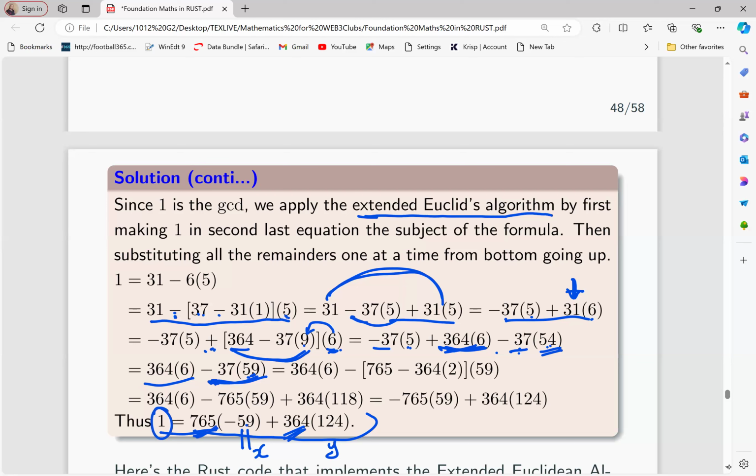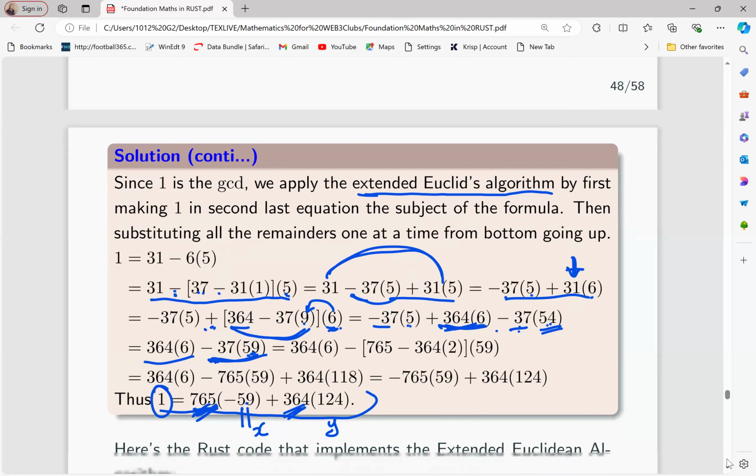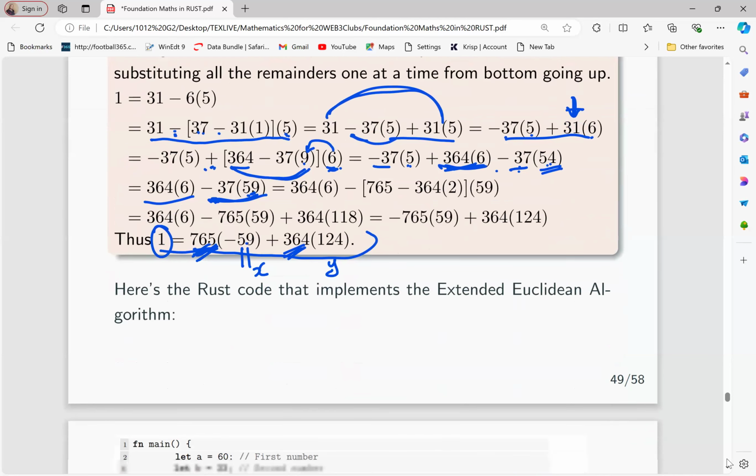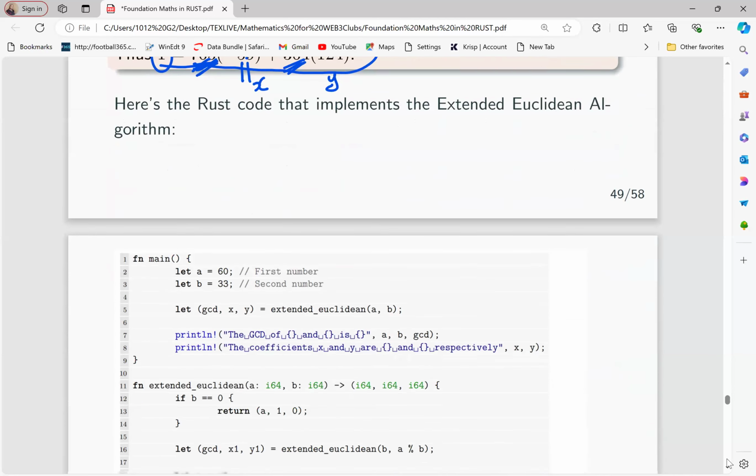The two numbers given to us are 765 and 364, and we were to look for values of x and y such that this equation is satisfied. Just obtain those. We want to look at the Rust code that implements the extended Euclidean algorithm.